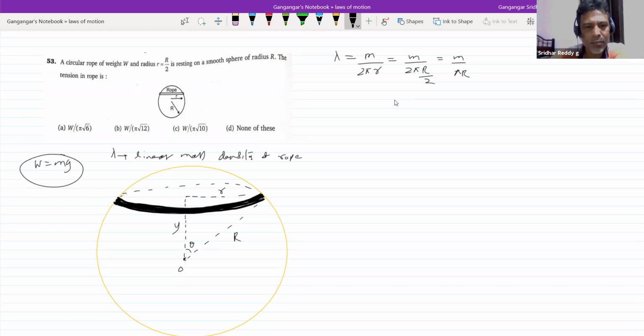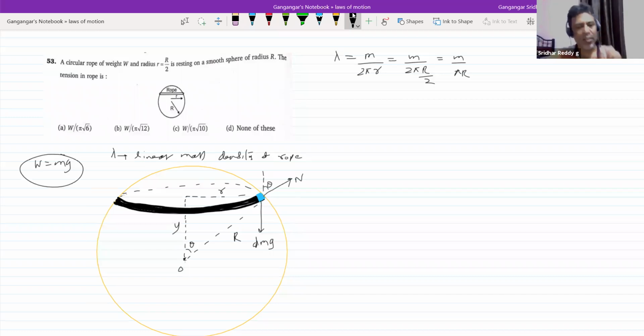So let's assume that rope will be in contact with that sphere. So here, let me assume a small element. Then how will the weight of that act here? dmg. Then what are the other forces acting? Normal contact. If this is theta, this should be theta, no?